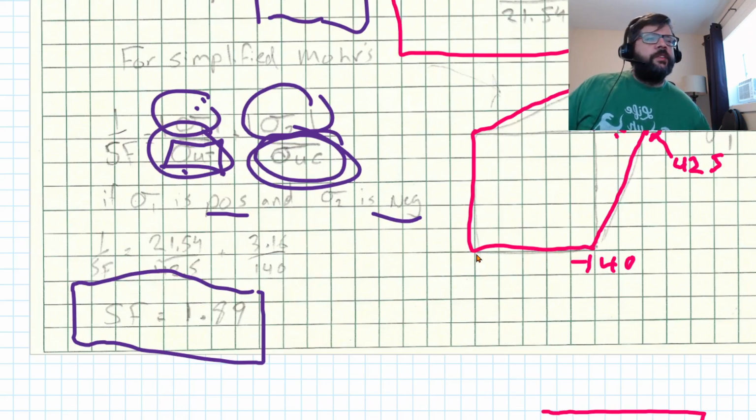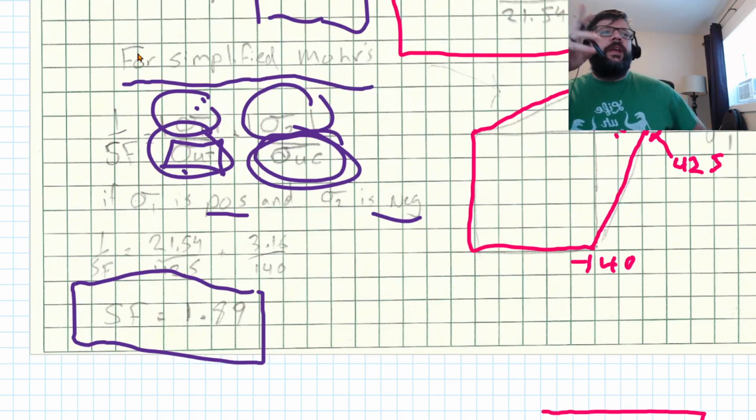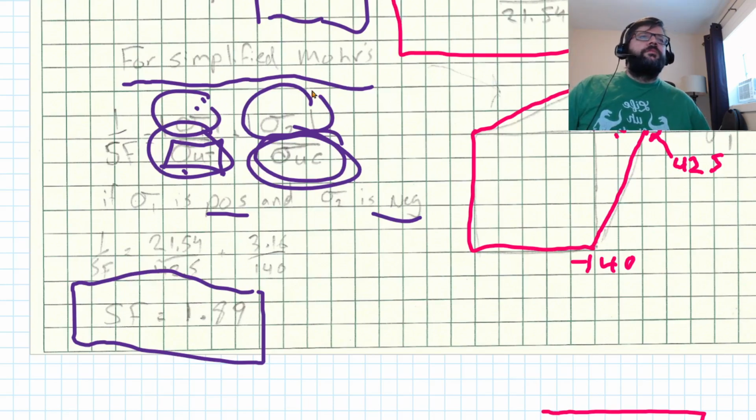The question didn't specify, but I think those two would cover anything. I would generally say simplified Mohr's is what you should probably be using when not specified, in any instance where you're using a brittle material. Yeah, and that's that.